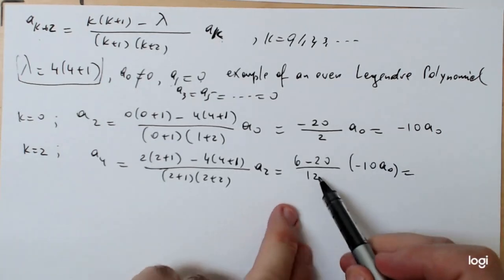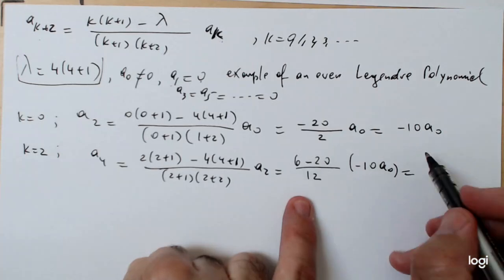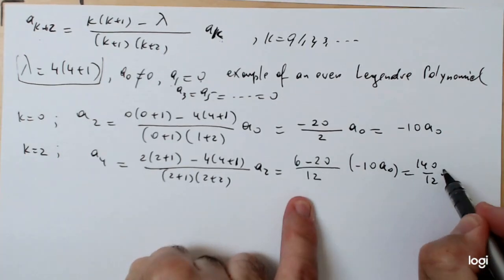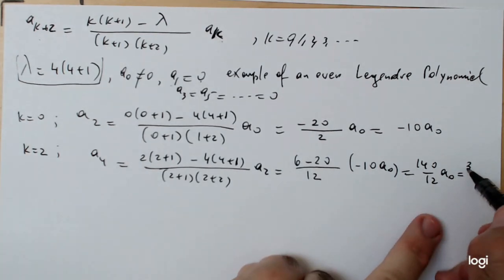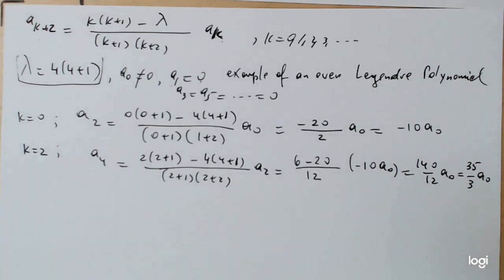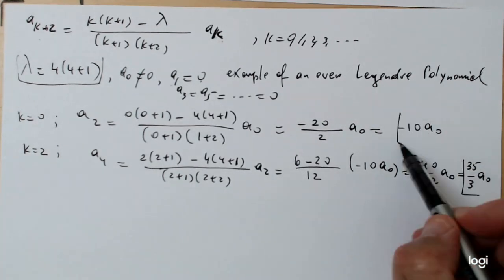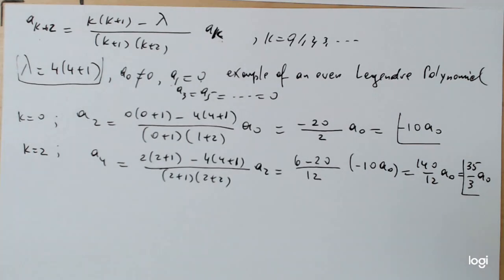Let's clean it up a little bit. That's minus 14. That's 140 over 12 a naught. We can simplify that by 4. That gives me 35 over 3 a naught. And that's the next coefficient. And then the next one will be 0.